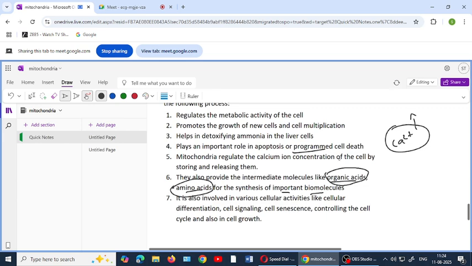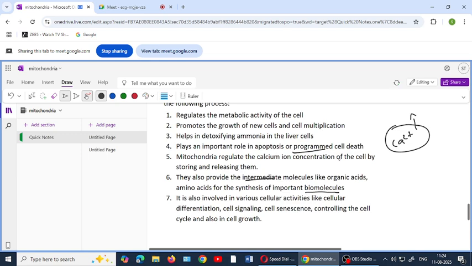Amino acids are what? They are the base of proteins. So the amino acids and organic acids are the intermediate molecules, provided by whom? Mitochondria. For the production of biomolecules.